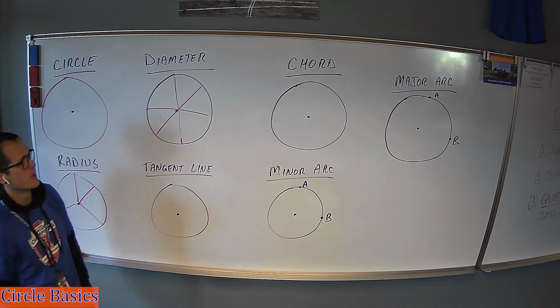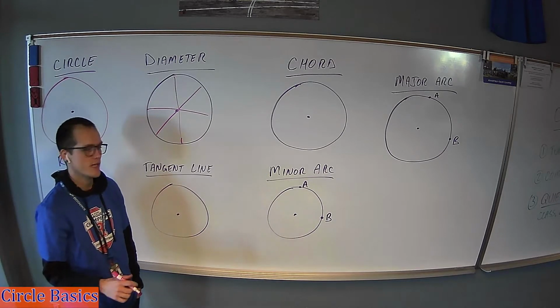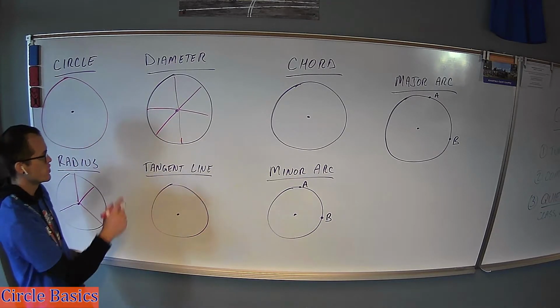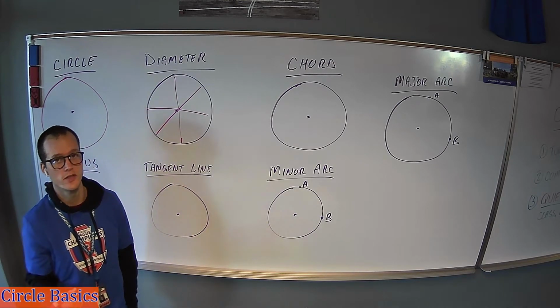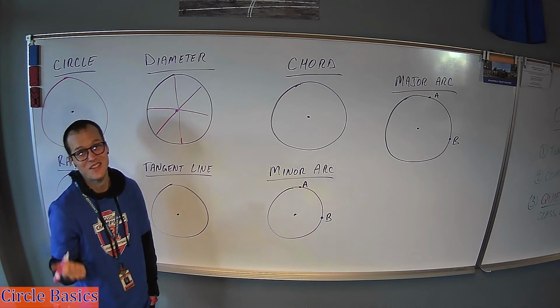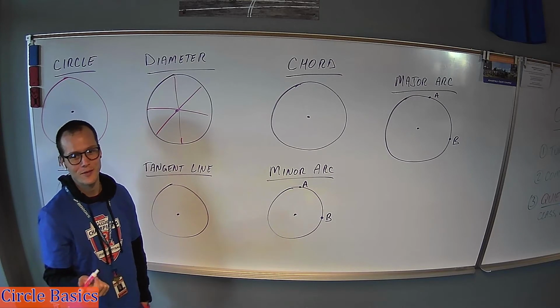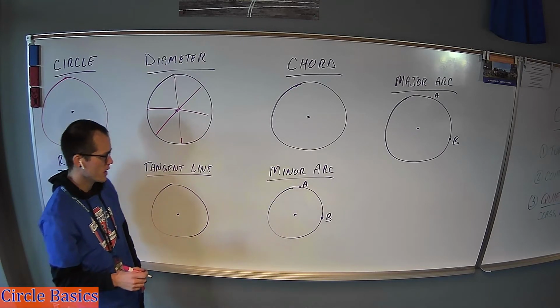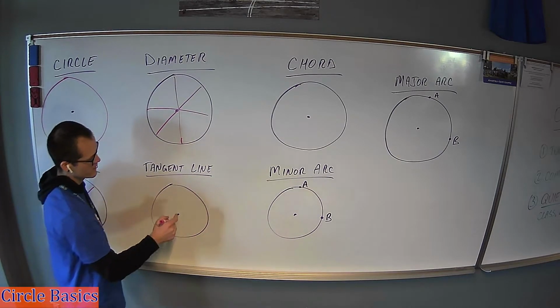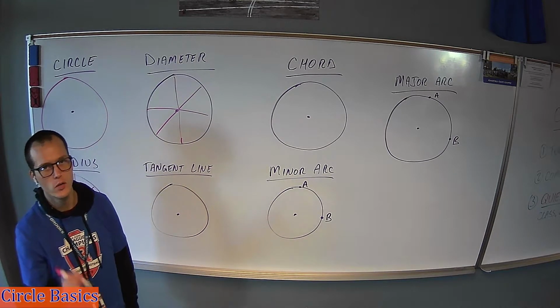The rest of these I think are going to be at least a little bit new, a little bit less familiar. This one, tangent line. We've studied trig ratios, sine, cosine, and tangent ratios in the past. This isn't that. Sorry. This is a different meaning for the word tangent. So a tangent line is a line that touches the circle once and only once.